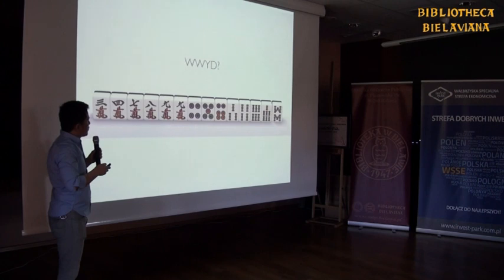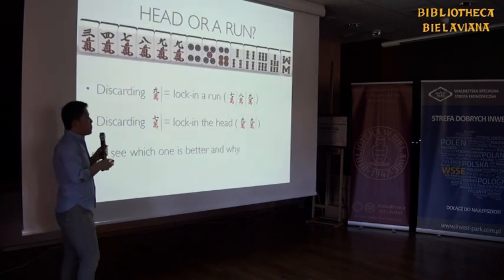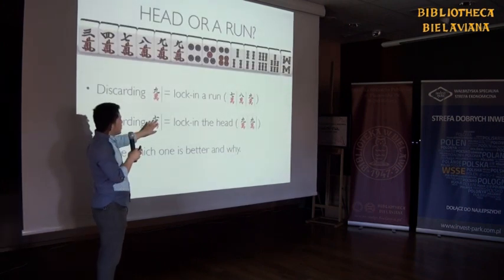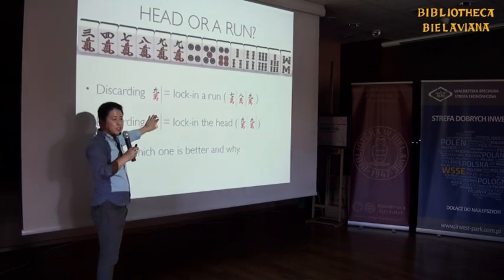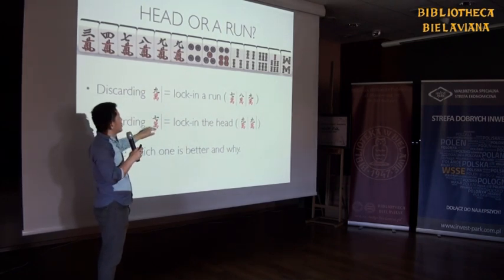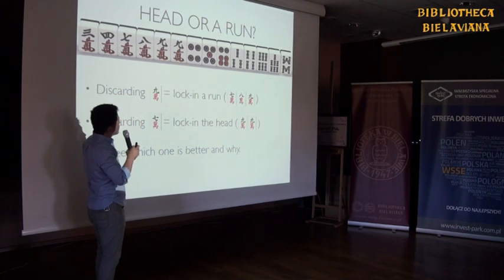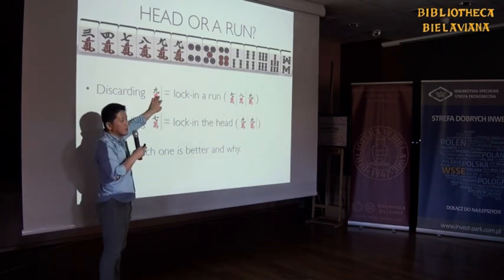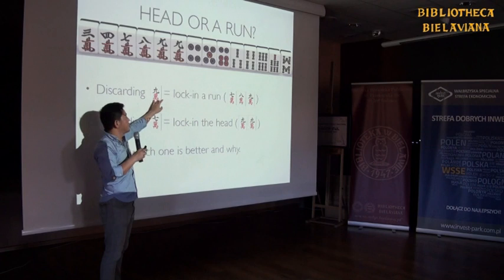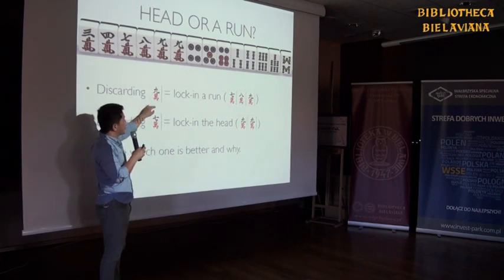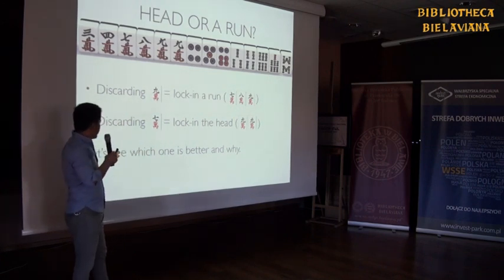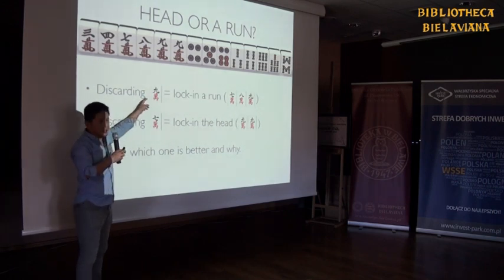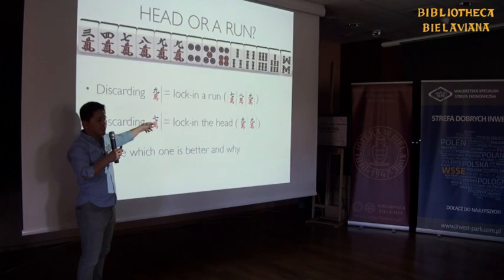So in general, you should rather lock in the head first by discarding 7, and then 8, rather than locking in a run by discarding a 9. And here's why. Let's compare these 2 choices, discarding 9 and discarding 7.